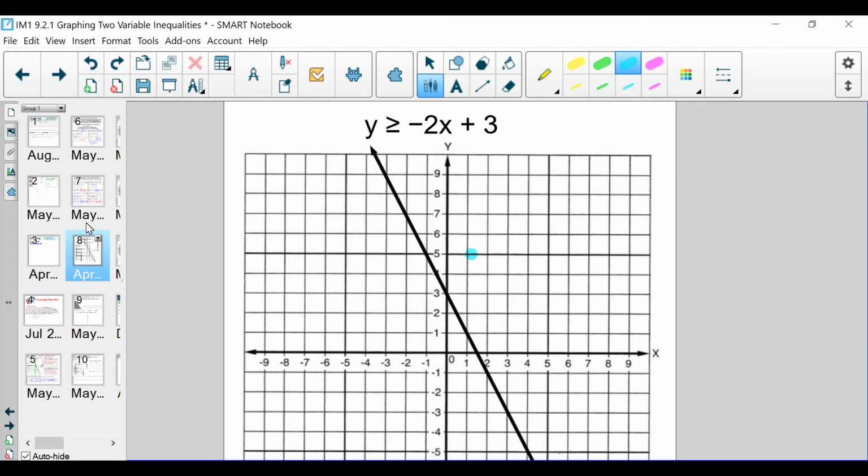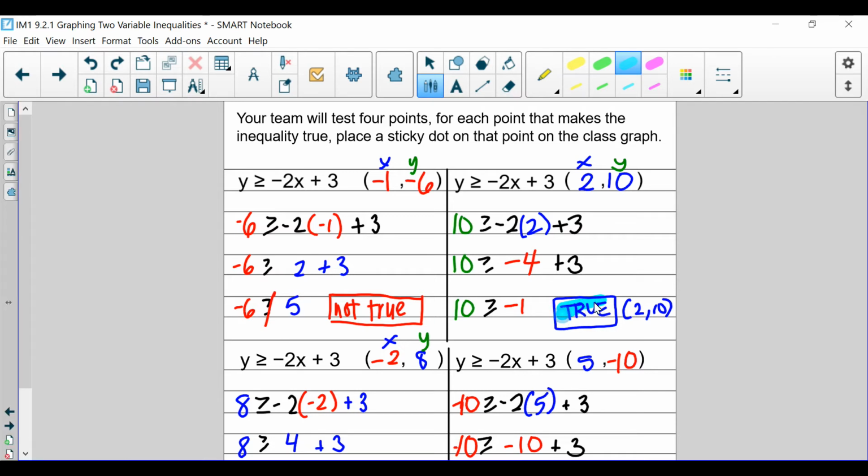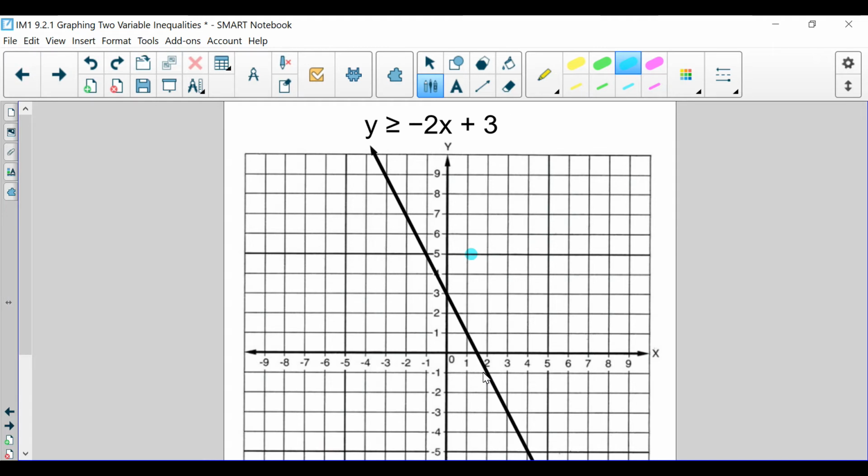Then I'm going to test the other points. What are the other points? -1, 6 did not work. But then we're going to graph 2, 10. Why? Because it's a true solution. So let's test that. Where's 2, 10? 2, 10 is here. All right.